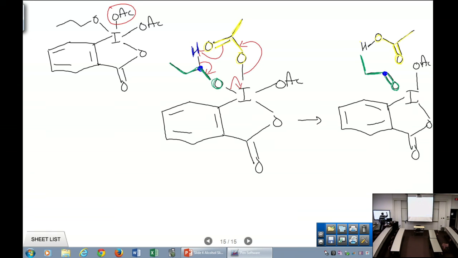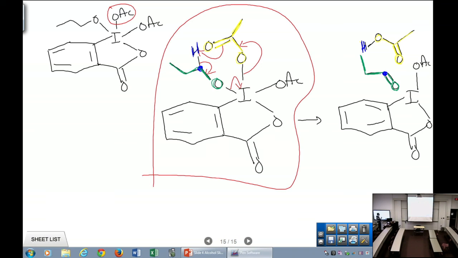And then this hydrogen ends up being the hydrogen that is right there. So that's kind of how everything moves. All these arrows in this structure are happening at the same time, so they're all moving at once.